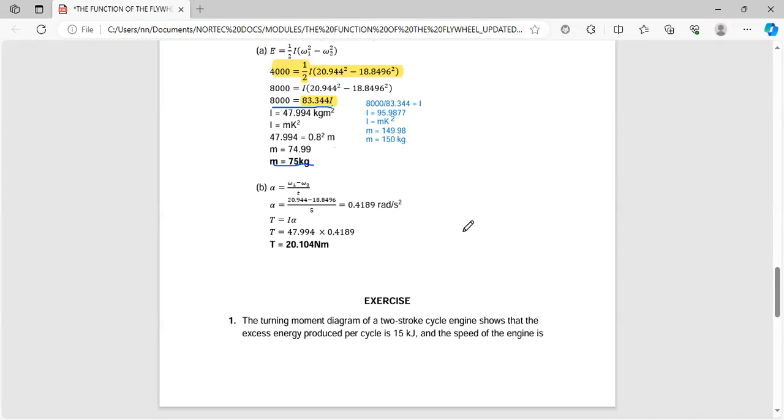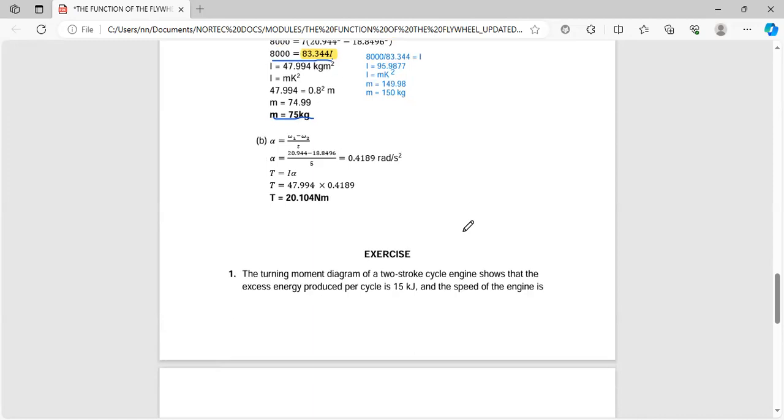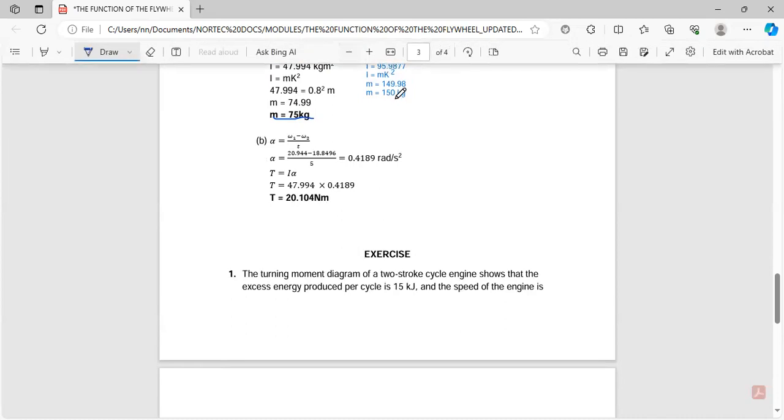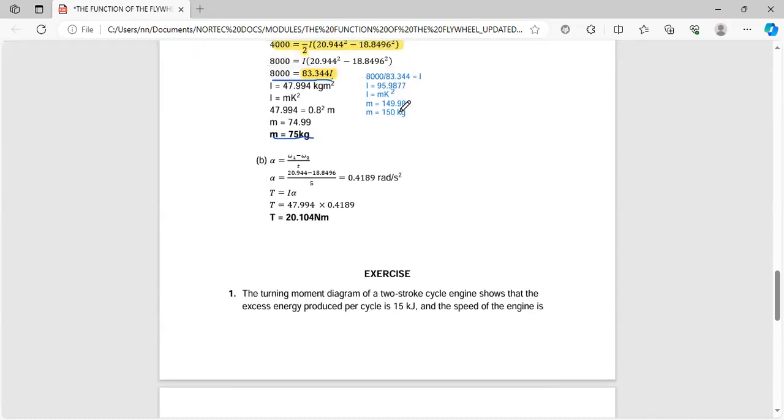When it comes now to torque, we are looking for alpha, because we already have the I. The I is the one we just found there. To get the alpha, we say omega 1 minus omega 2 divided by the time.